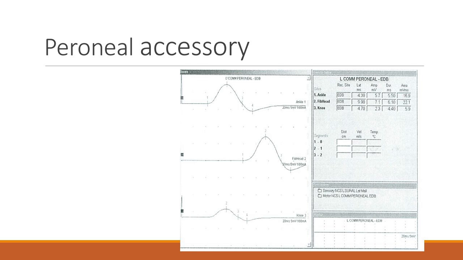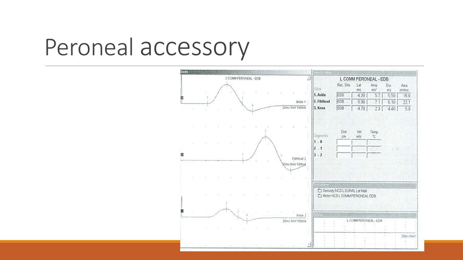Peroneal accessory is kind of nice because it all looks the same, but once your proximal is greater than your distal, you go where you normally record for your soleus and do a little stim there. The response you get adds up with your distal response to be equal to or greater than your proximal.